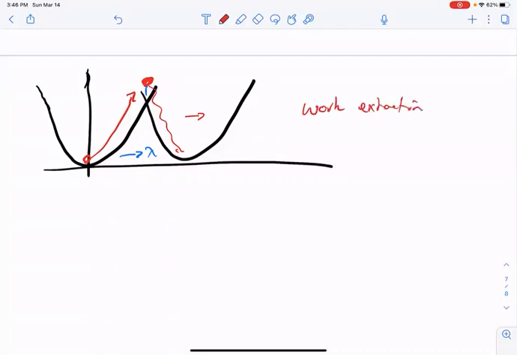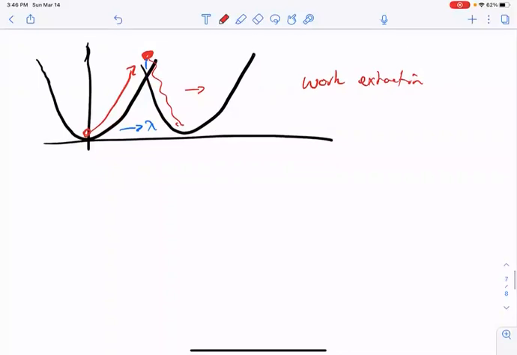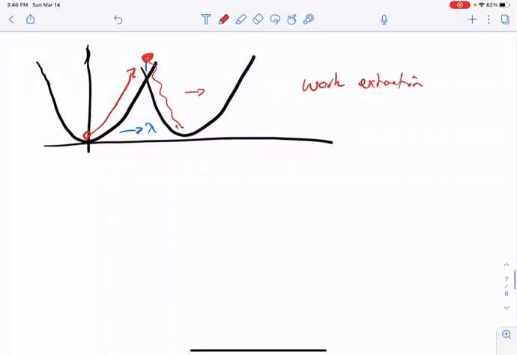However, as should be abundantly clear, the likelihood of having such a rare fluctuation that takes the particle high up on a potential is exponentially small. In the course of thermal fluctuations, that initial condition is exceedingly rare.